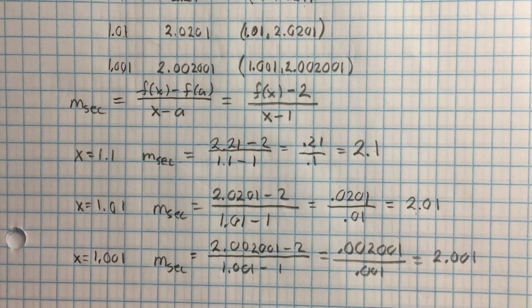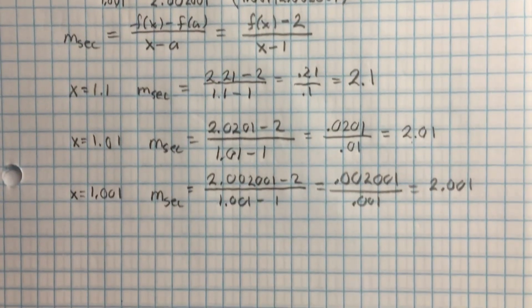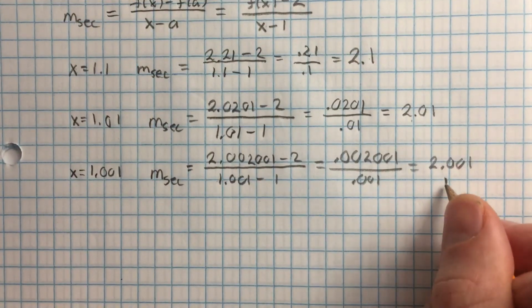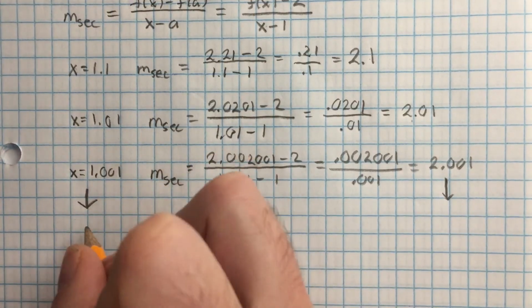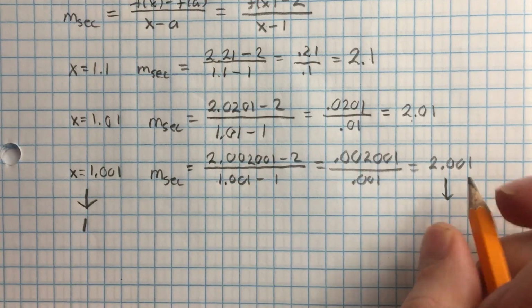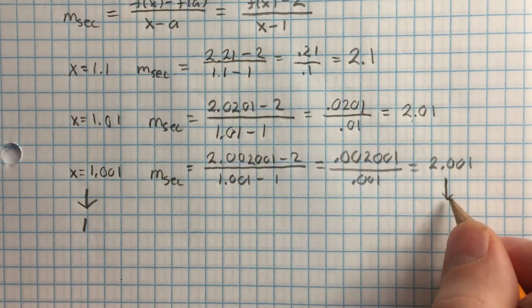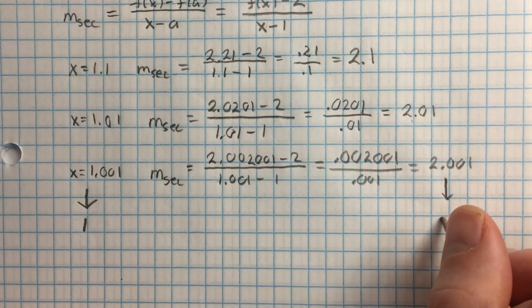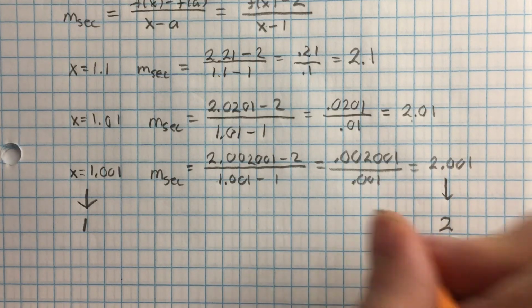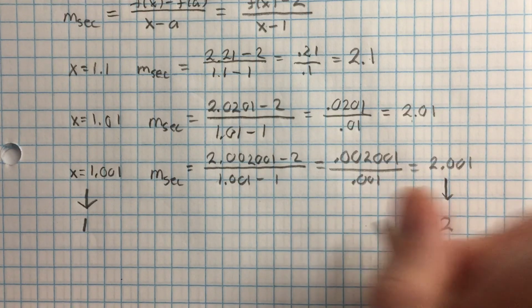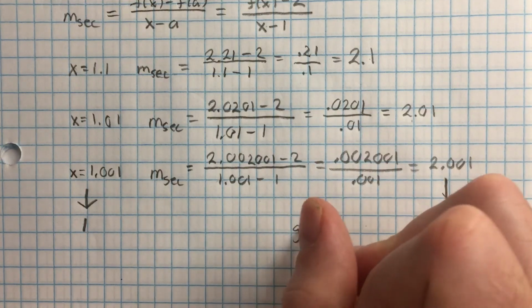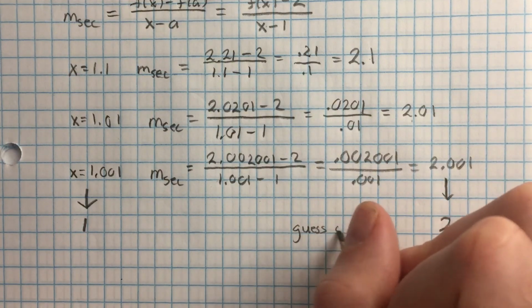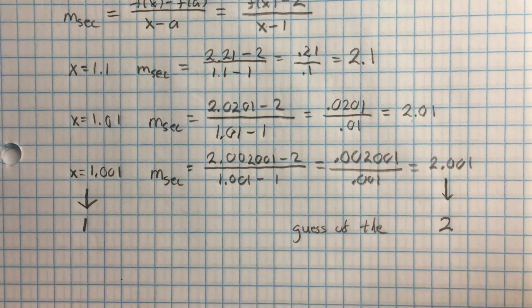So it looks very much like, if this trend were to continue, as the x's get closer and closer to 1, the secant slopes get closer and closer to 2, would be our guess. So 2 is going to be the guess of the what?